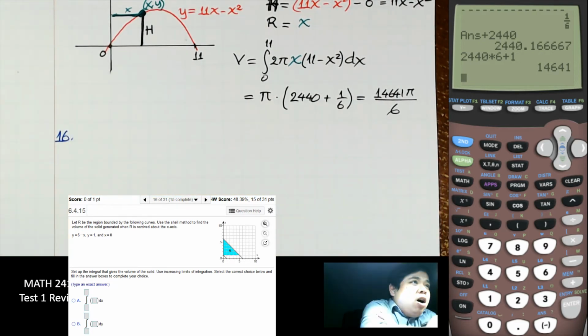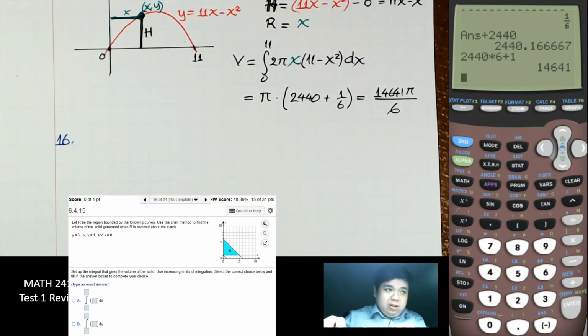So let R be bounded by these curves, so we have the functions. Use the shell method again. Okay.